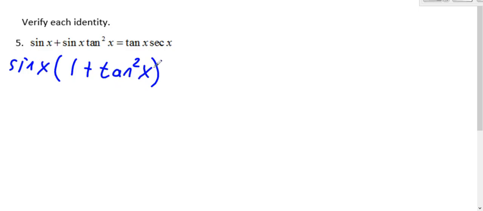So factor it out, then we unveiled a Pythagorean identity. 1 plus tangent squared is secant squared. Secant squared is 1 over cosine squared.